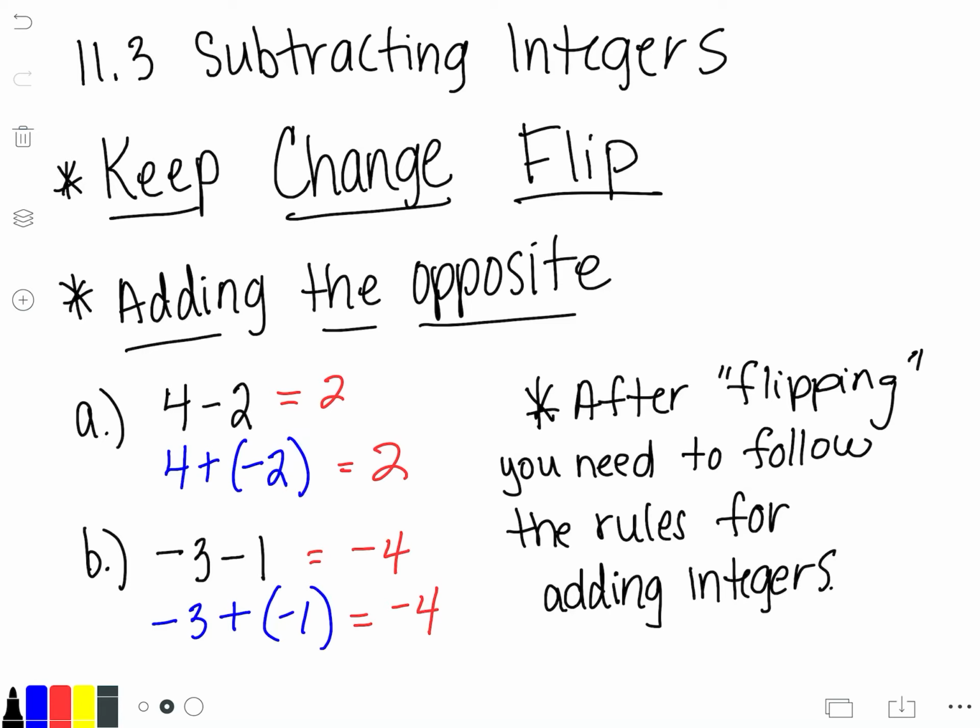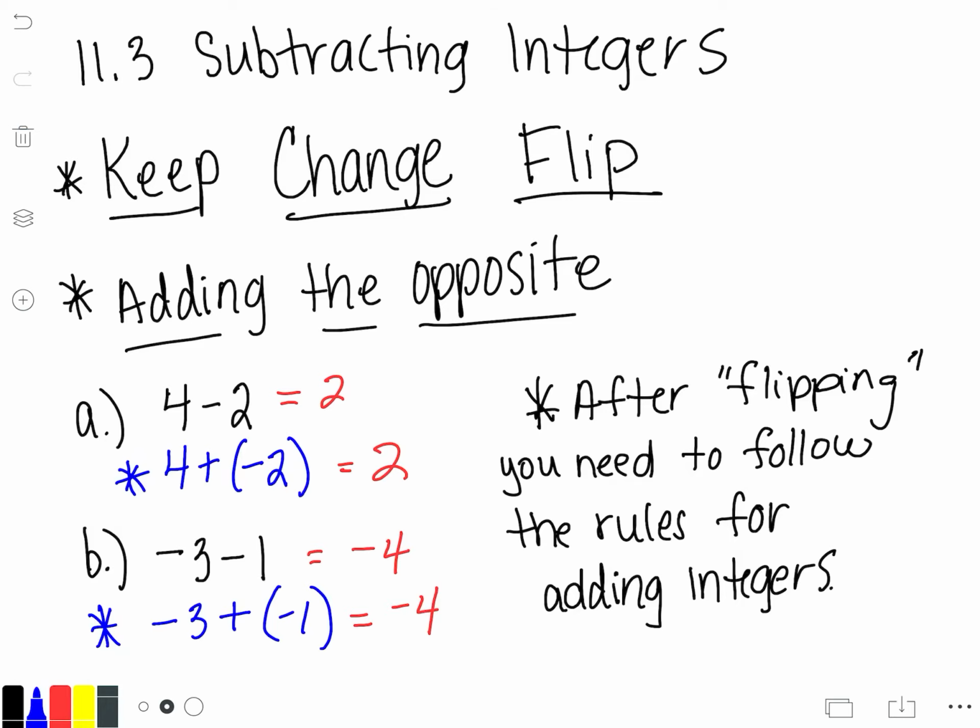Okay, so again, if you know you're confused with adding integers, you probably should stop here and send me an email so that I can try to help you. Because you have to know how to add integers, because look, this is an adding integer problem and this is an adding integer problem. So you have to be able to do that before you can subtract integers.